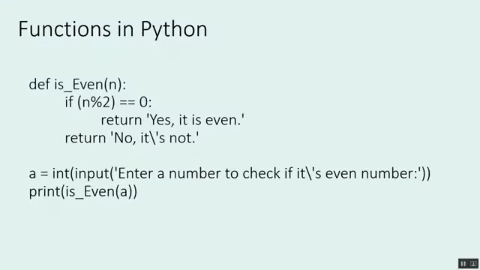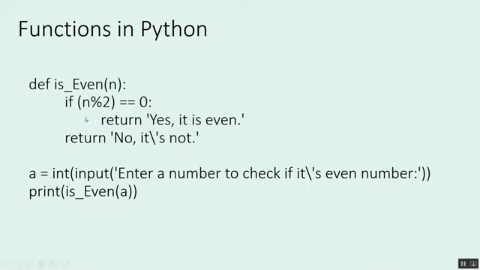So functions. I think this is also an implementation of is even. The reason why I showed it to you is that, using the if statement, return yes it is even, and then return no it's not. So we don't have to actually include the else statement here.